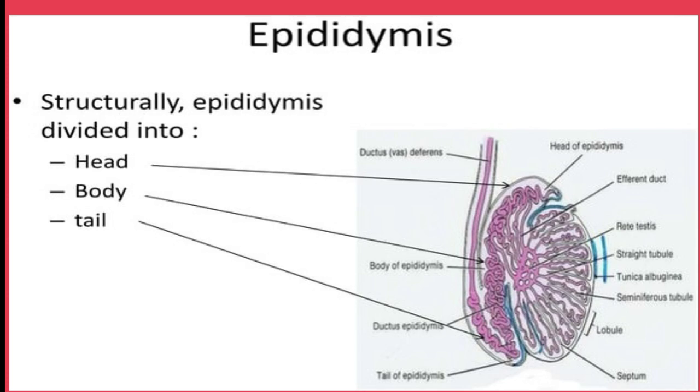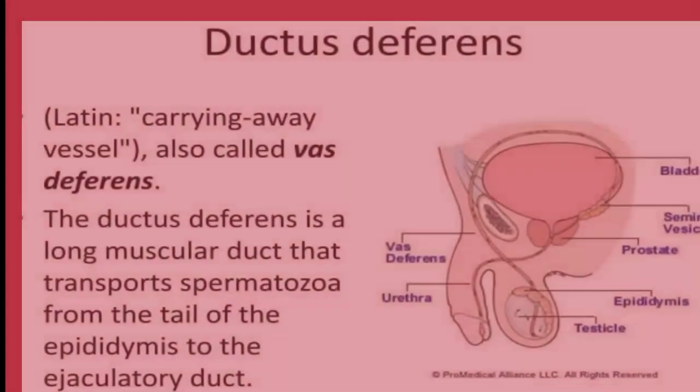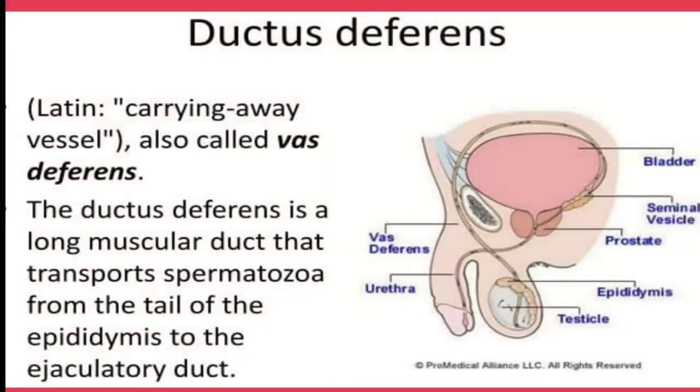It has head, body, and tail. Then the ductus deferens, also called vas deferens. Ductus deferens is a long muscular duct that transports spermatozoa from the tail of the epididymis to the ejaculatory duct.